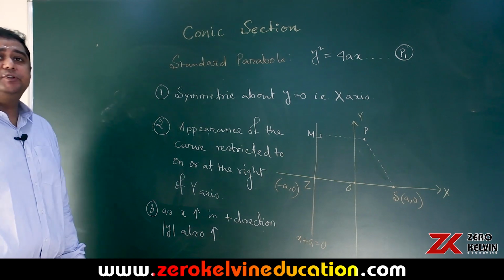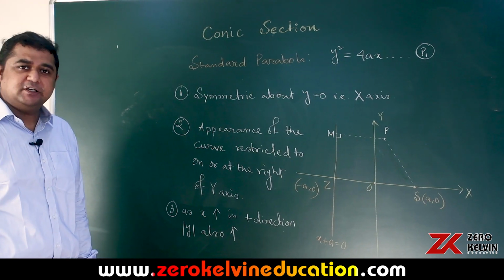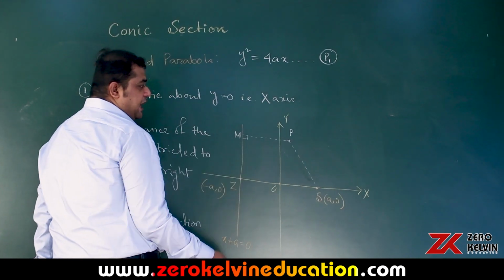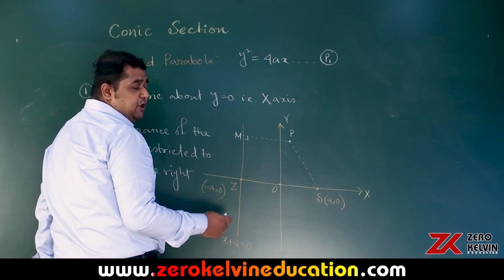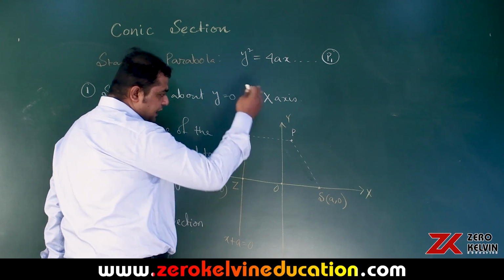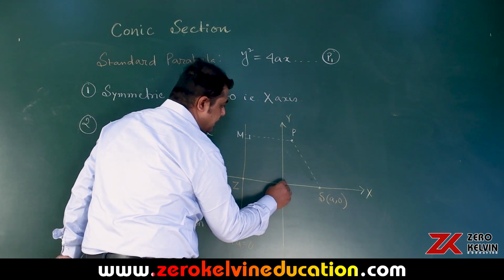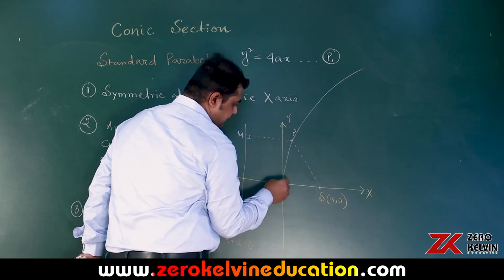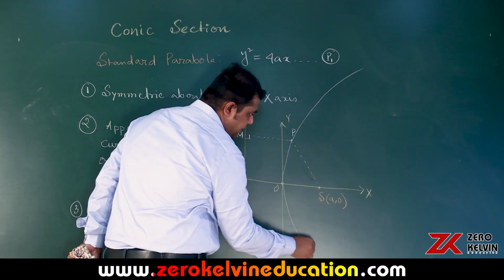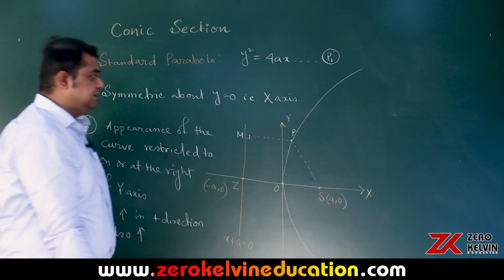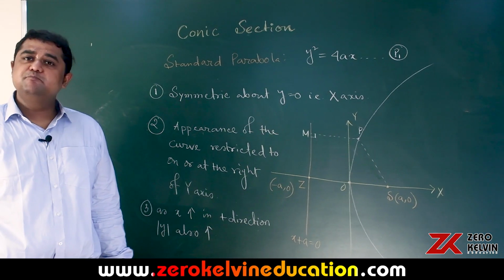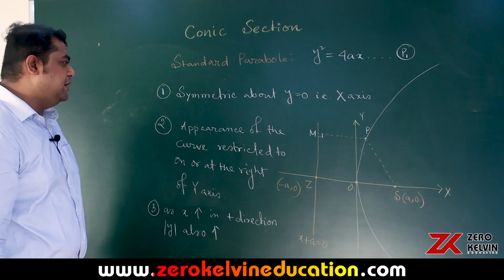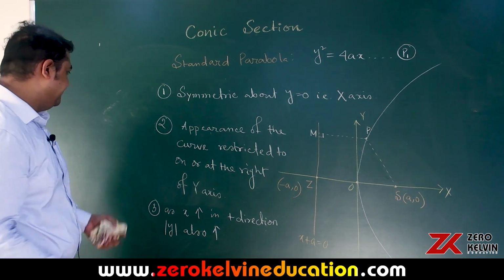That confirms the curve is going to be an open curve, and as we are going away from origin towards the right, the ordinates also increase on either direction of x-axis, and hence we can roughly expect a curve like this. Due to the symmetry about x-axis, we can consider similar appearance below x-axis. So that gives us a rough idea about the shape of the parabola.